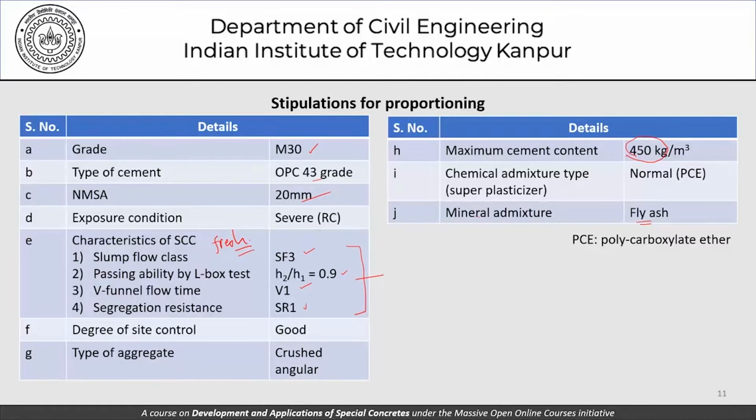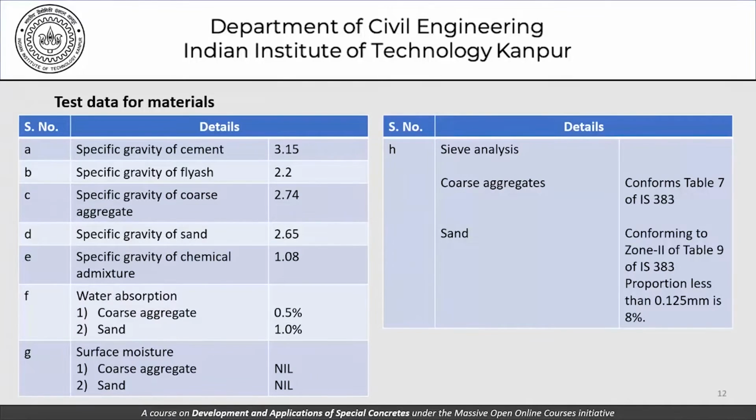Now this information is known to us as we start proportioning the self-compacting concrete mix. The details of the material available are here. Specific gravity of cement, fly ash, coarse aggregate, sand, chemical admixture, all these are known to you: 3.15, 2.2, 2.7, 2.65 and so on. Water absorption for coarse aggregate and sand is known to you.